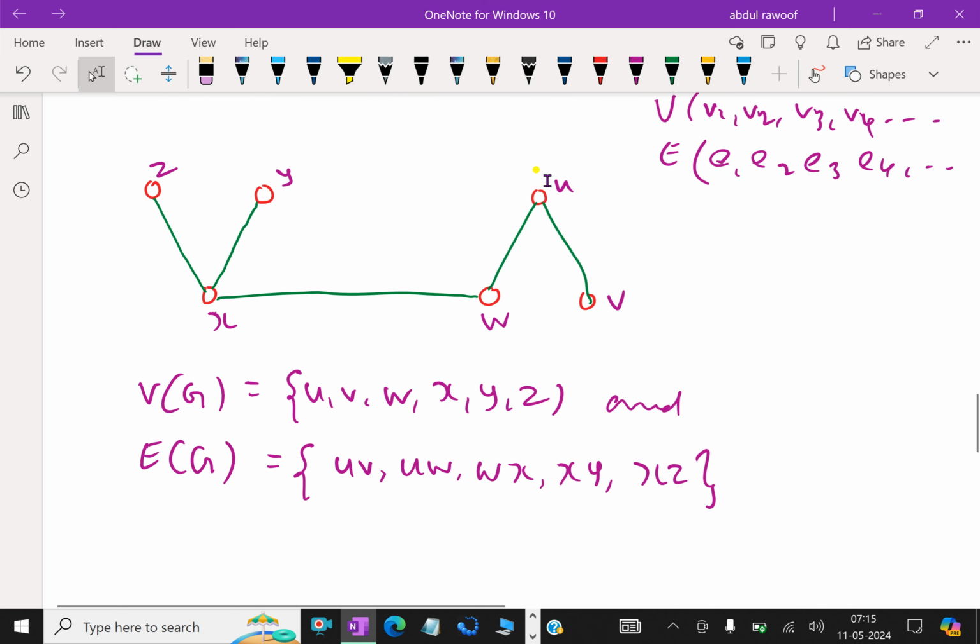Here, UV and UW are adjacent, and VW are not adjacent because it's not connected. Here, WX and XY are adjacent edges, XZ is adjacent too, but Y and Z are not adjacent because it is not connected.